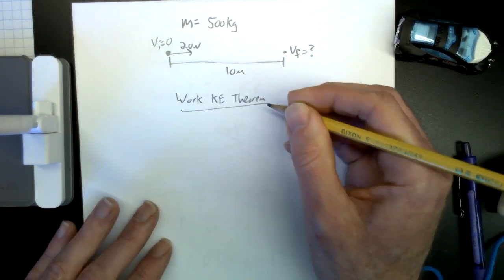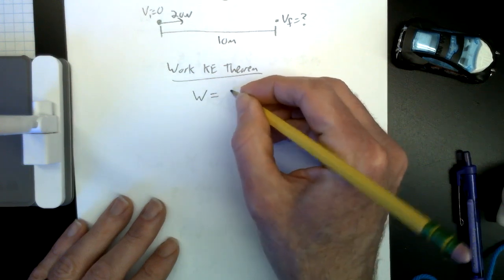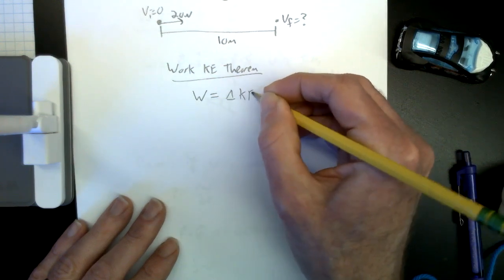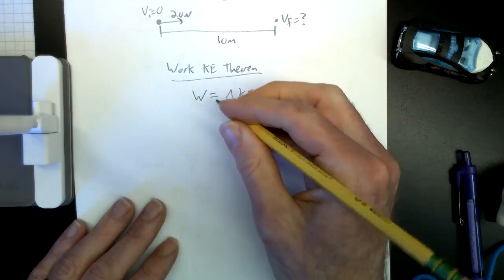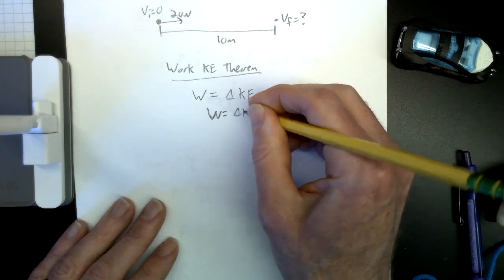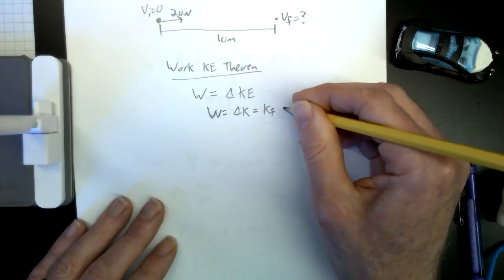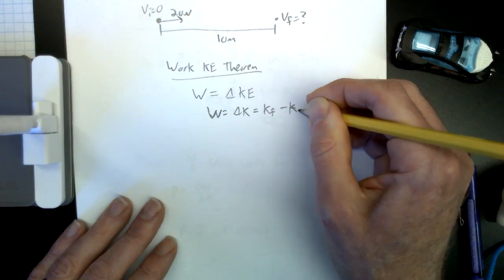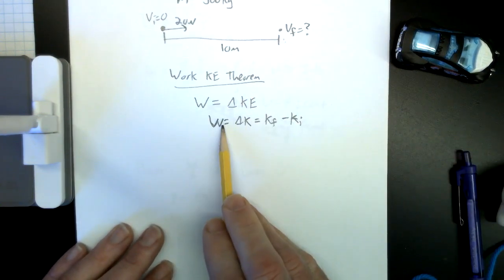In equation form, the amount of work you do on something is equal to its change in kinetic energy. I wrote KE over here instead of just K, so it's probably better to write it as work equals change in kinetic energy, or final kinetic energy minus initial kinetic energy.